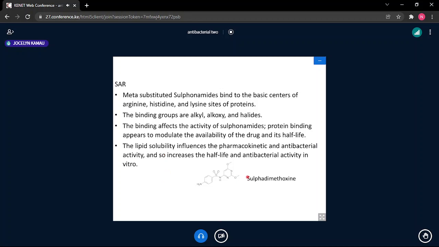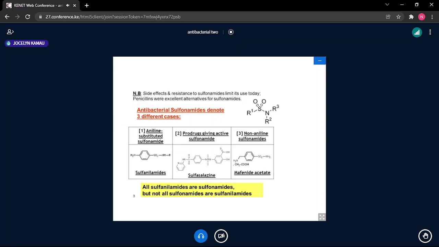We have also said the substituents at the meta position anchor the drug better at the site of action. They are also responsible for binding proteins, and therefore they will also have an influence on the duration of activity of these drugs that we have already mentioned.